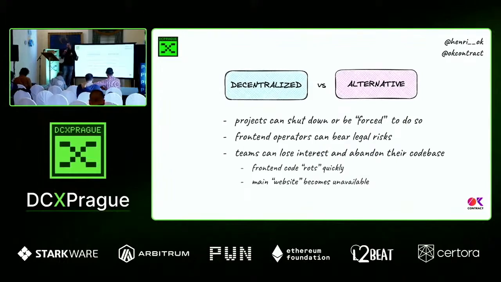So decentralized versus alternative. Why does alternative go beyond decentralized? A project can be forced to shut down. Front-end operators might have legal risks, and teams can lose interest as well, abandon the code base. So we see, for instance, the market going from bull market to bear market, and some projects disappear.